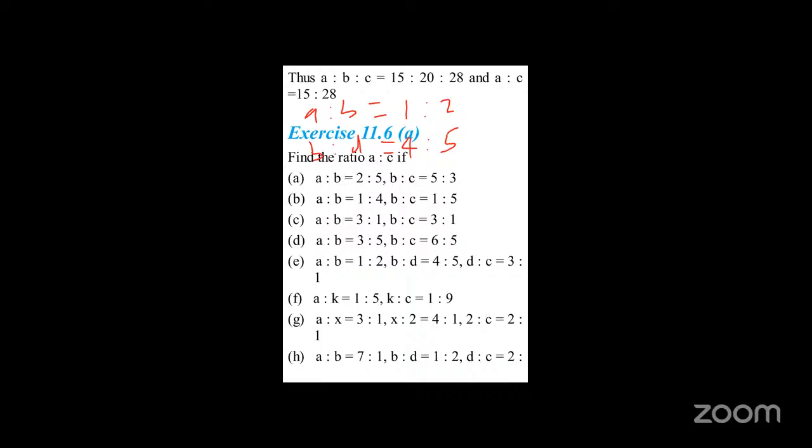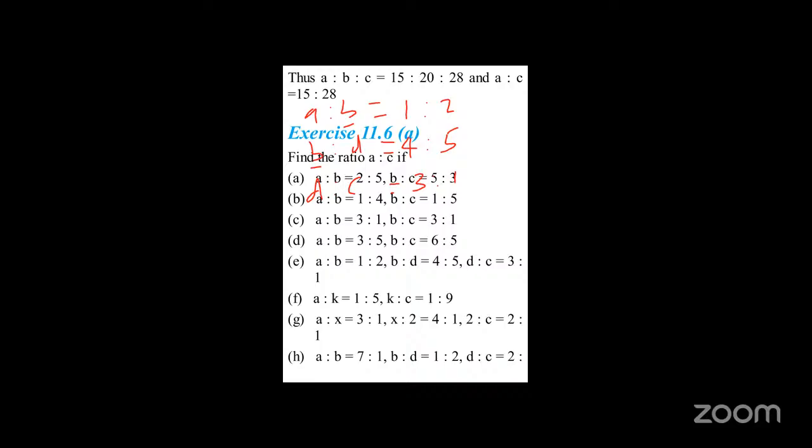And then last we have D ratio C is equal to 3:1. So in this case, you can see we have three ratios being compared. So we look at the ones which are common. We have B and B.